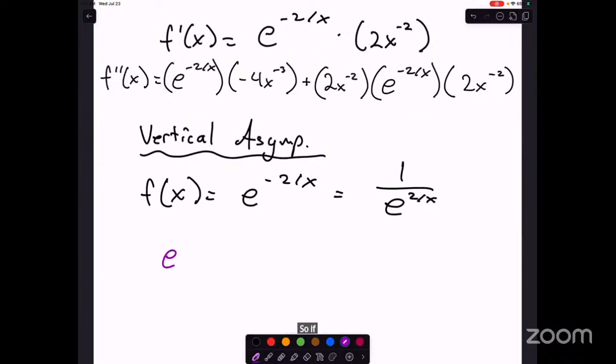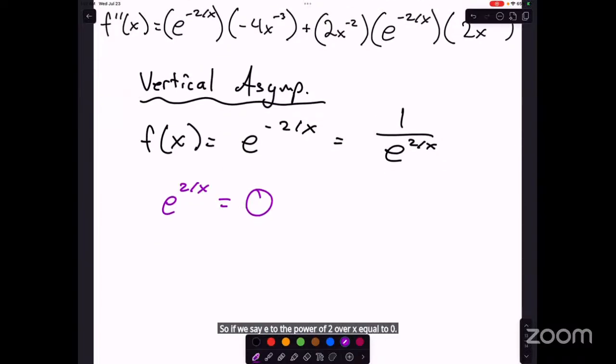If e to the power of 2 over x equals 0, I don't think we can take the natural log of 0, right? So maybe there's no vertical asymptote.